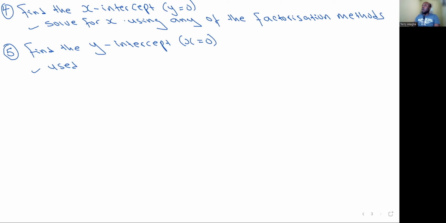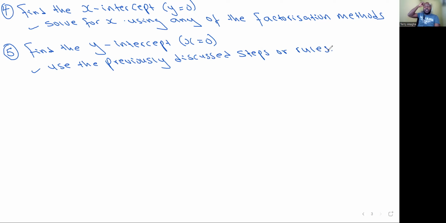So use the previously discussed steps or rules. I've discussed this earlier, all right? So just go back, check my playlist on how to find the y-intercept.